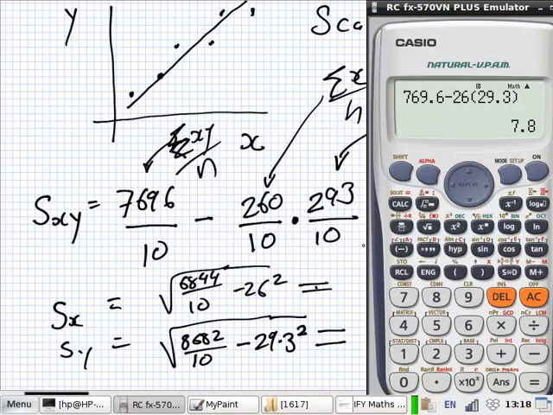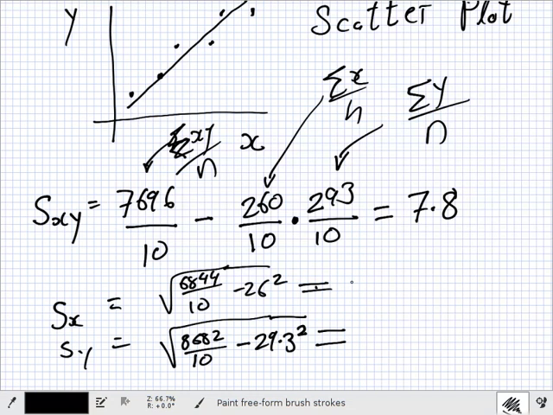So, let's see, that's square root of 86. You have the first one? 2.898. So, if I round that up, that would be 2.90, I think. Yeah. 2.90.